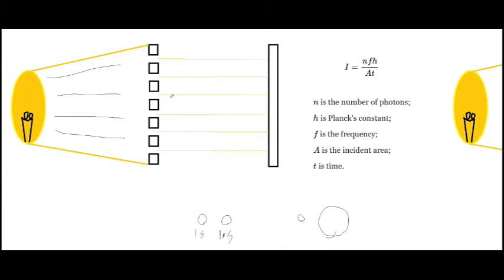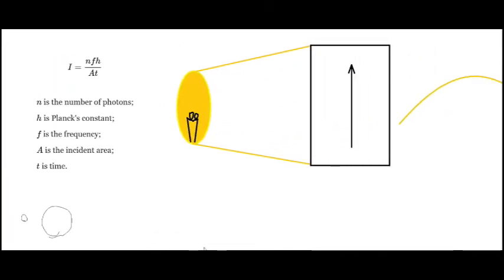And so I think it doesn't take much time to imagine that the light that hits this surface right here is going to be dimmer than the light right here, because fewer photons are going to get through. And so we can apply this same idea when we polarize light.